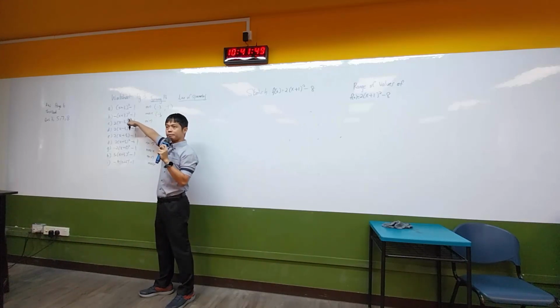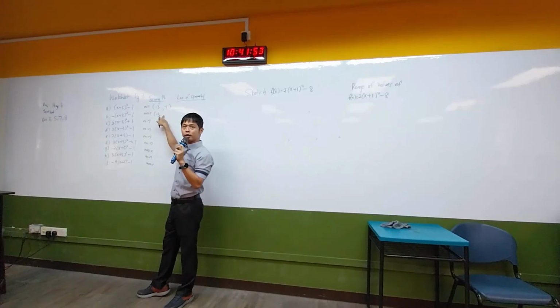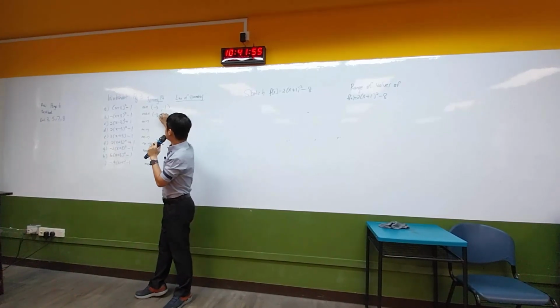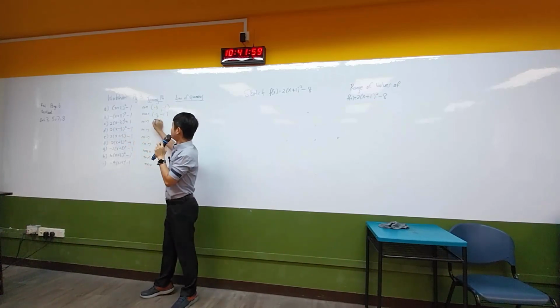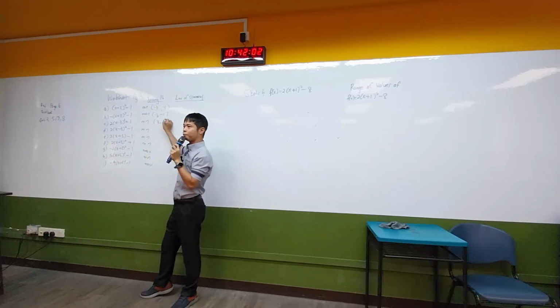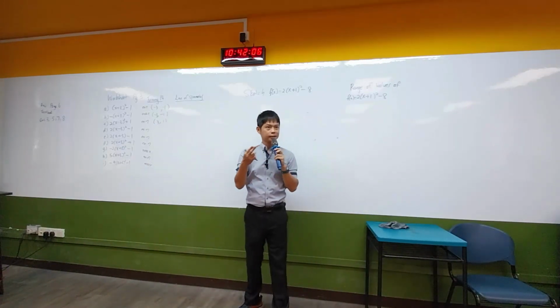Yeah, copied wrongly. Is it -1? So the y coordinate of the turning point should be -1. And the last one, 3, 1.